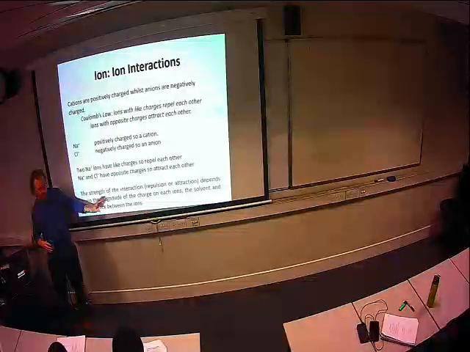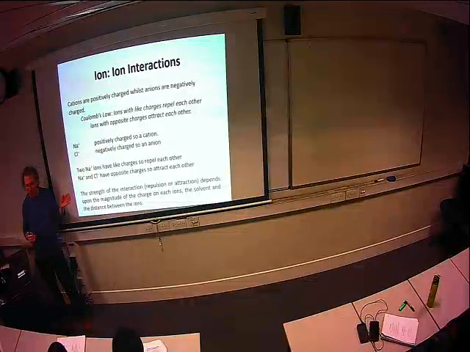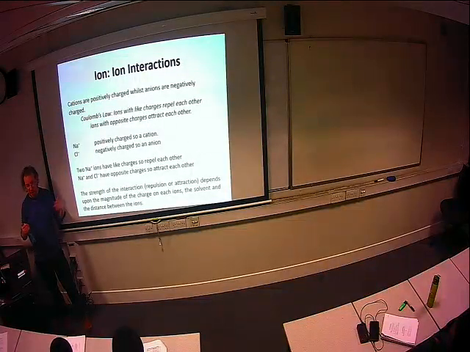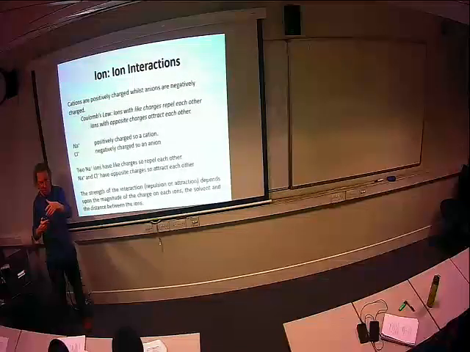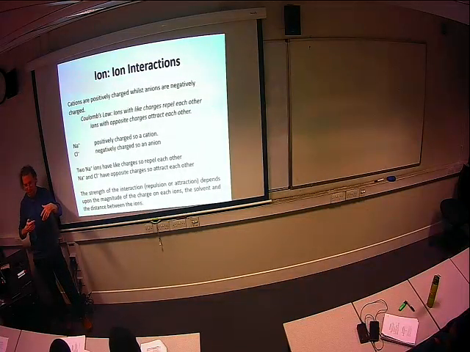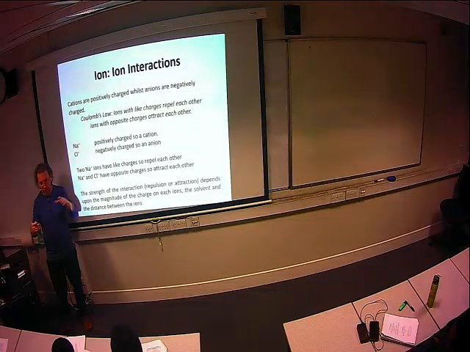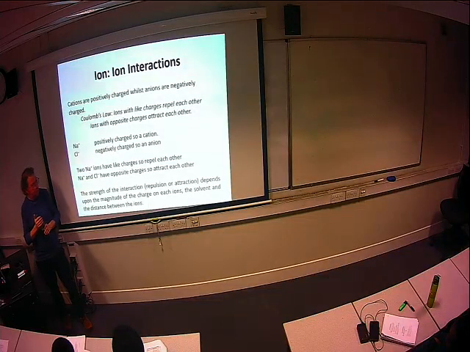I'm not going to get into this too much, but that's quite an important thing when you're thinking about the formation of protein three-dimensional structure, because the ionic interaction depends on which part of the protein structure the ions are found in, and it can be stronger or weaker depending on what other protein structure is around it.